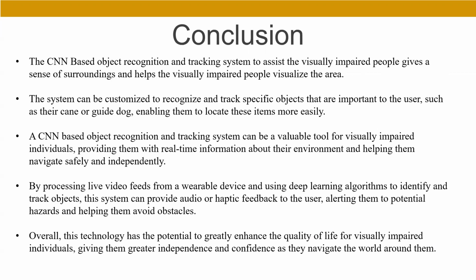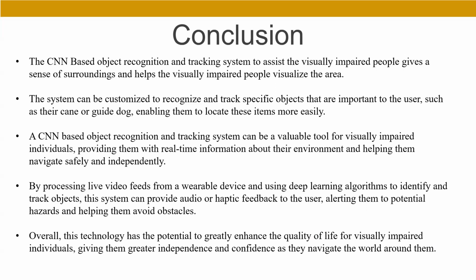A CNN-based object recognition and tracking system can be a valuable tool for visually impaired individuals, providing them with real-time information about the environment and helping them navigate safely and independently. By processing live video feeds from a wearable device and using deep learning algorithms to identify and track objects, the system can provide audio or haptic feedback to the user, alerting them to potential hazards and helping them avoid obstacles.